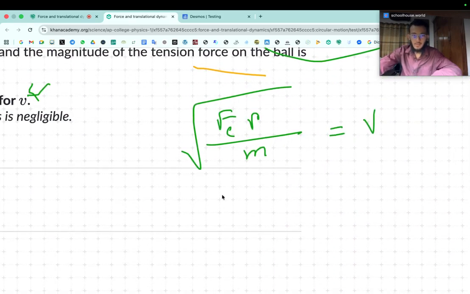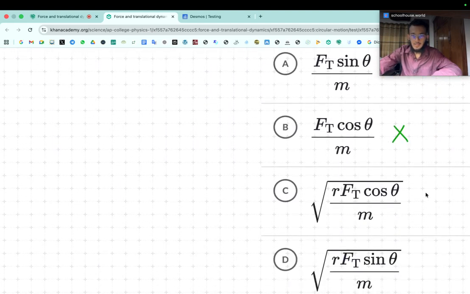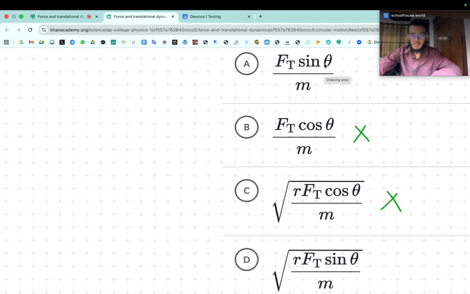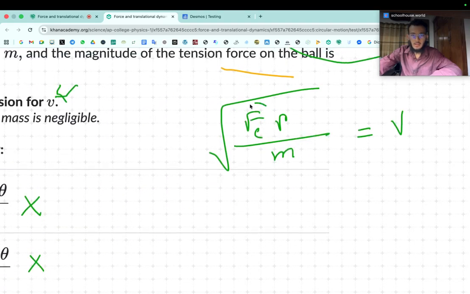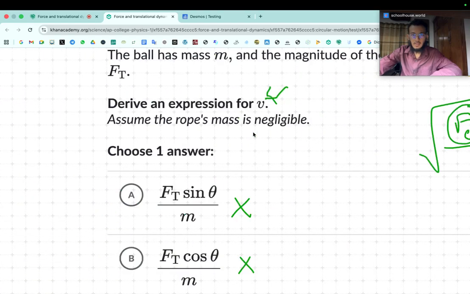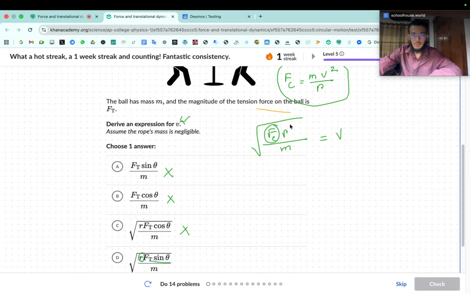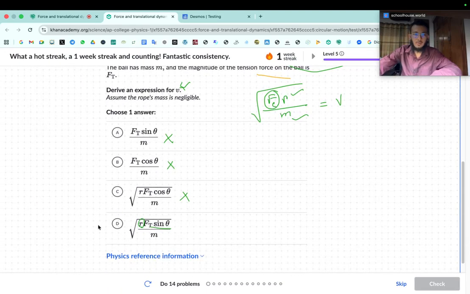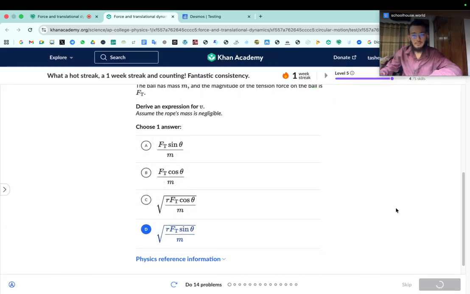So we replace Fc with FT sine theta, and anything with cos cancels out. We have the square root of FT sine theta times r divided by m. This matches our response perfectly, so we select D.